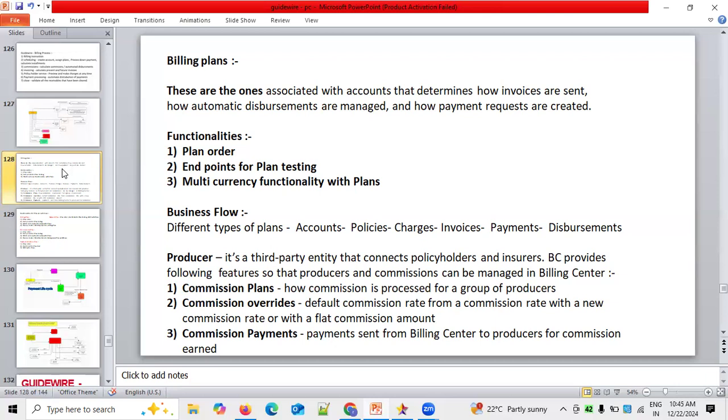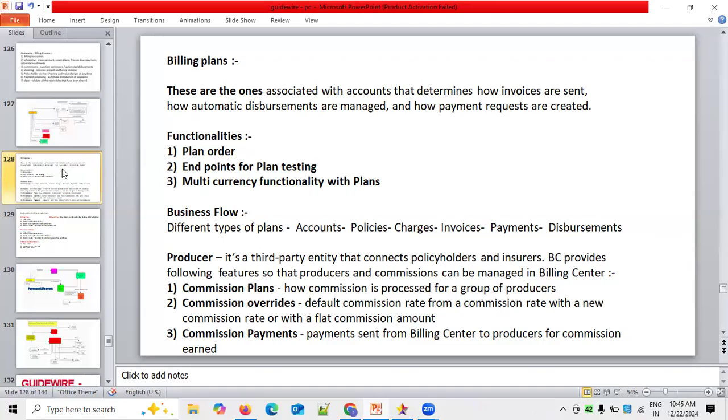Next one, we must know about the producer, right? So who is a producer? Especially in the property and casualty insurance domain, when we are learning, it's nothing to do with Guidewire or any other application. But normally when we are working in the property and casualty insurance domain, there are different jargons and terminologies you must know. Something like insurer, something like delinquency, right? Something like indemnity, something like producer, right?